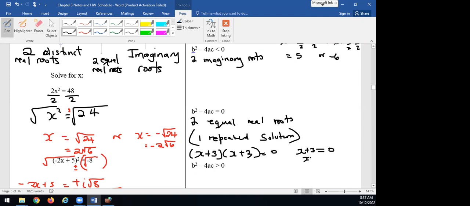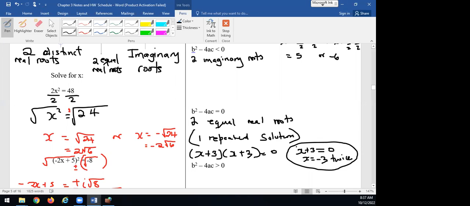So you're going to see that x is going to equal negative 3 twice. That's what it means. Because look at this, x plus 3 equals 0 or x plus 3 equals 0. So it happens twice. So that is why some books may say it's a repeated solution. It's one solution that's repeated. Or some books may say they are two identical or two equal real roots. So it doesn't matter how you put it, it means the same thing.